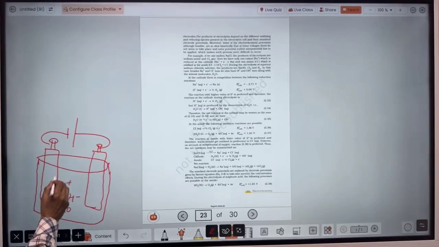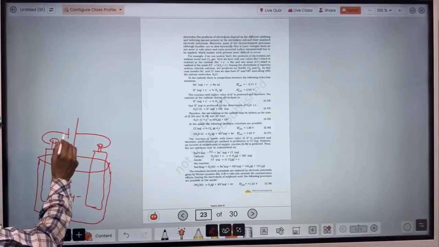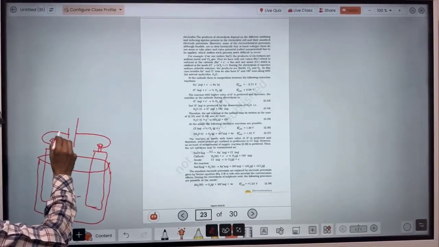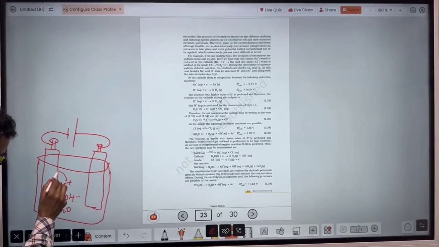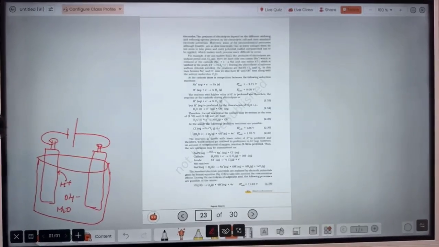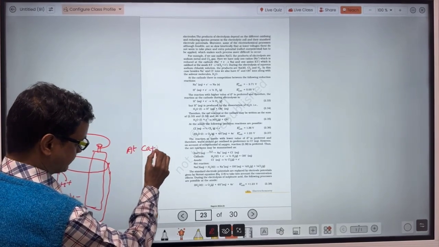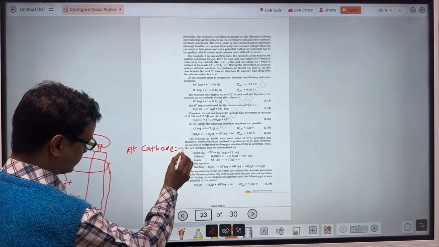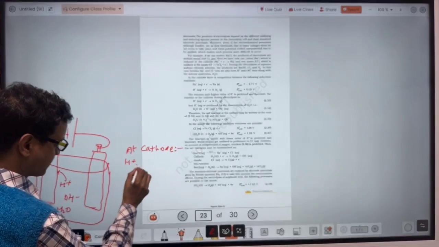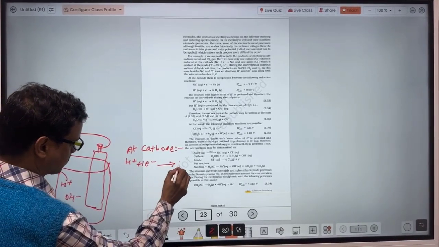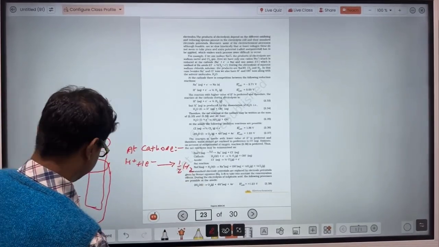At the cathode there is negative charge, and electrons are coming to this rod. So H plus will get attracted towards this rod. At the cathode, H plus will gain 1 electron and convert to half H2.